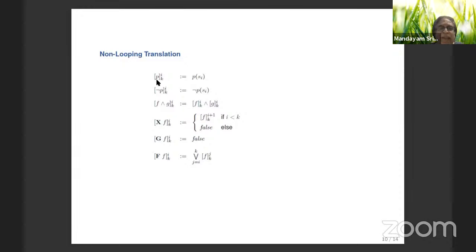So if it's just a predicate, then you just check if the predicate is true of the state at index Si in the K-long path.